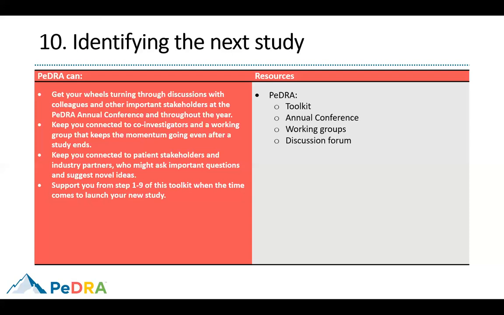And PeDRA is really committed to facilitating that. And then once the study does get going, you can go back to number one in the research toolkit. You have an idea, you transition from one to the next, and then we hope the toolkit can shepherd along the next project through the first 9 stages so that one is just as successful as the one that you just completed.